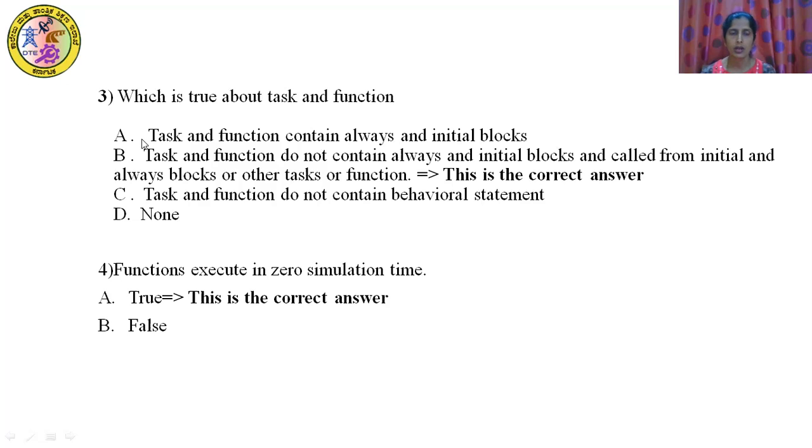First option is task and function contain always and initial blocks. Second option, task and function do not contain always and initial blocks and are called from initial and always blocks or other tasks or functions. Third option, task and function do not contain behavioral statement, and option D, none. So option B is the right answer here.